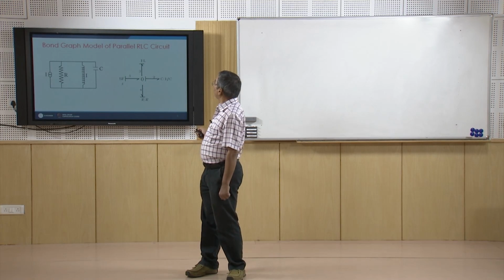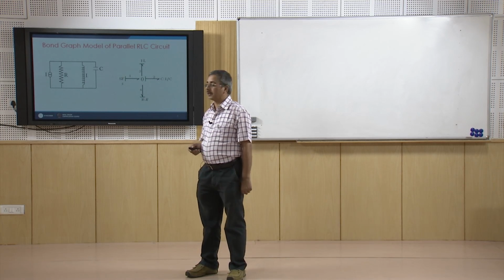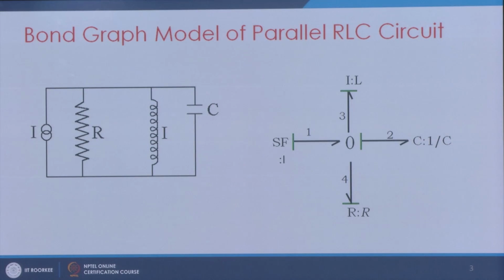Next, suppose we have a parallel RLC circuit as here. Again, we saw this example in the introductory lectures on bond graphs. Here R, I and C are in parallel and are subjected to a current source.